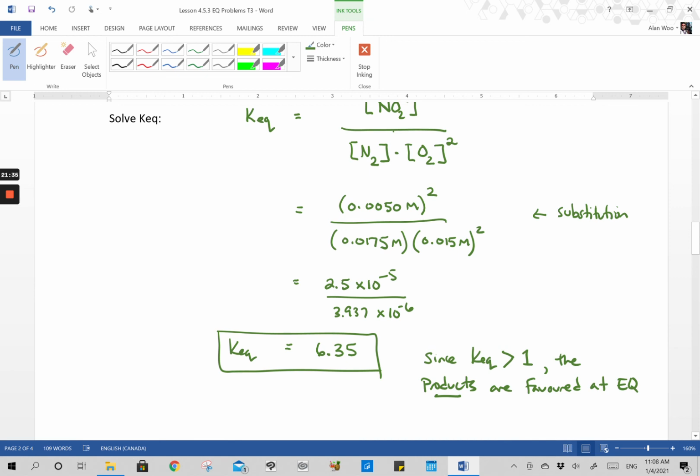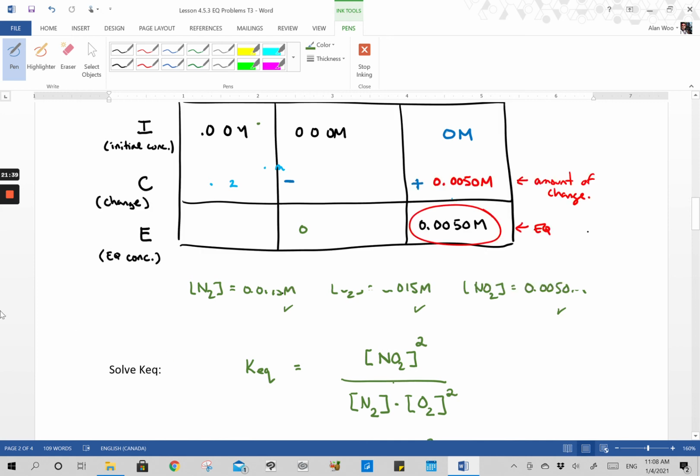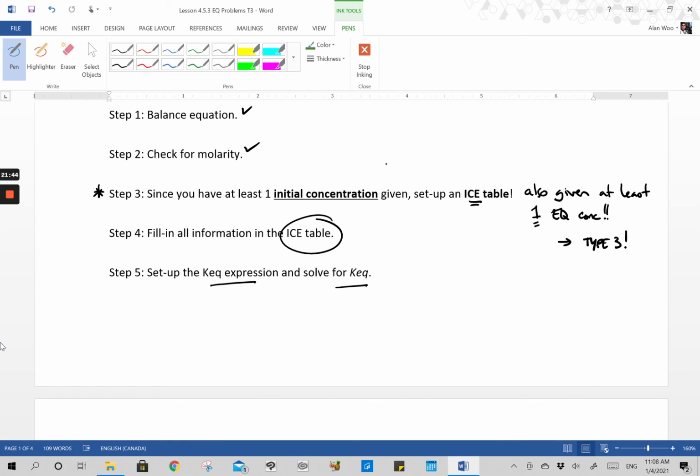Okay. So again, just to review, balance the equation, check for molarity, set up the ICE table, fill in all the information in the ICE table, set up the KEQ expression, and then solve for KEQ.